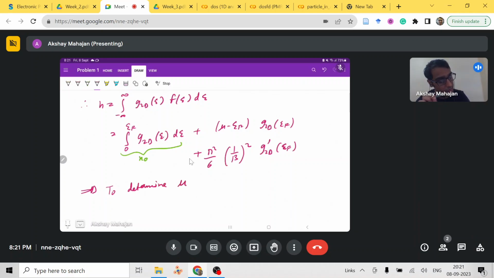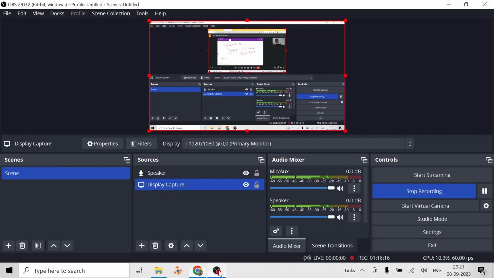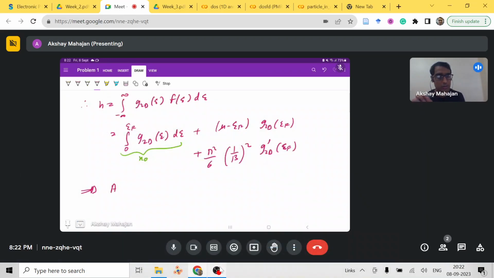To determine mu, all the thermodynamic properties are measured at constant volume.